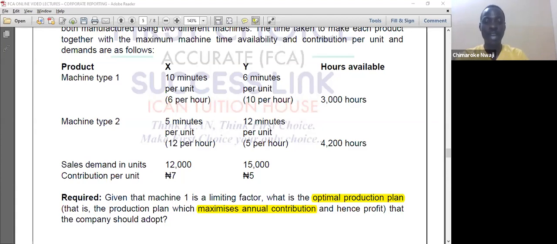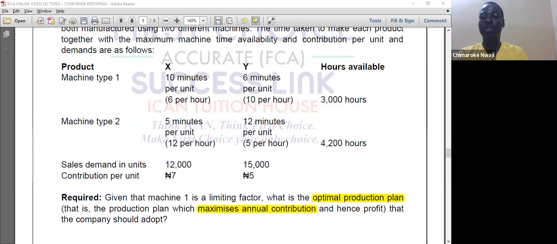Now that you've done that, your contribution per unit will be brought here. Take note, this is not contribution per scarce resource. This is contribution per unit, the original contribution per unit that was given to you. That is what will be used to get your total contribution. The contribution per scarce resource was used only to do your ranking, so that you will not exceed the 3,000 hours available.